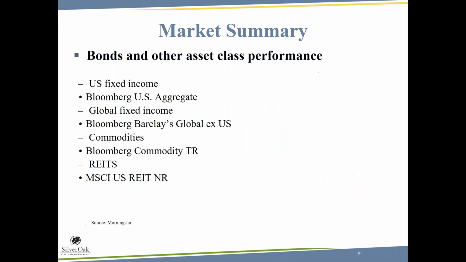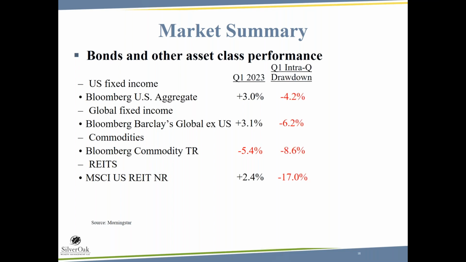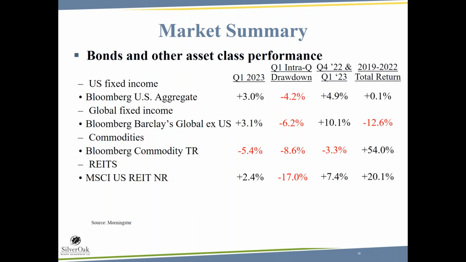We have the same information on this slide, but for the fixed income and commodity and REIT areas of the market. And for the most part, at least a common story. I guess the one exception is commodities. Commodities have not done too well this year, nor did they do all that well in the fourth quarter.